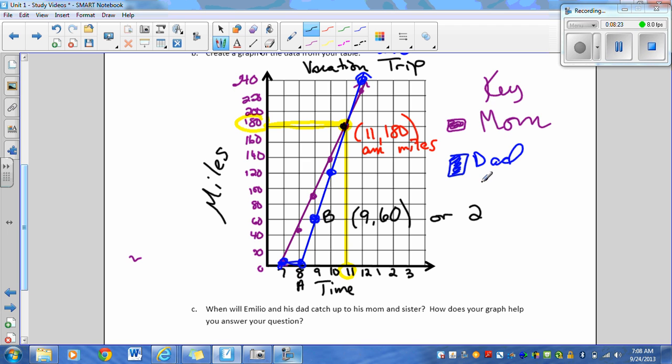Well, it's really only been 1 hour, actually, because they left at 8. So 160. And so what that means is 60 miles in 1 hour. Okay, so 1 hour has passed and they've gone 60 miles.